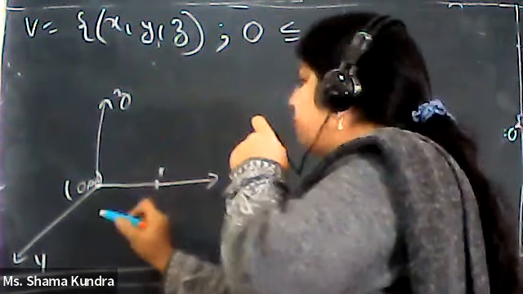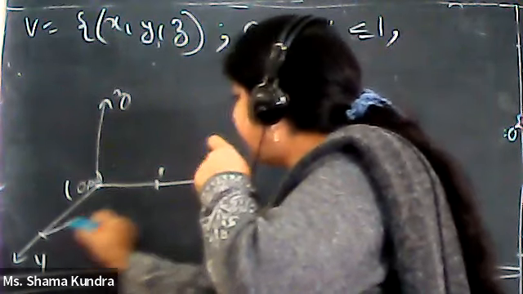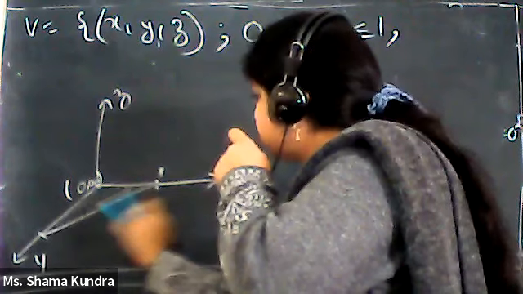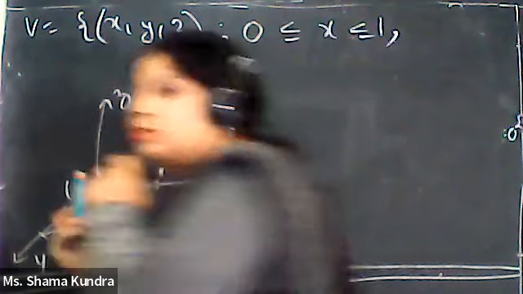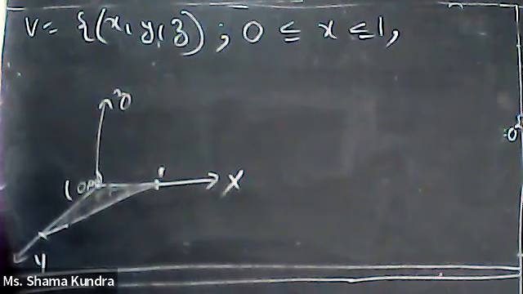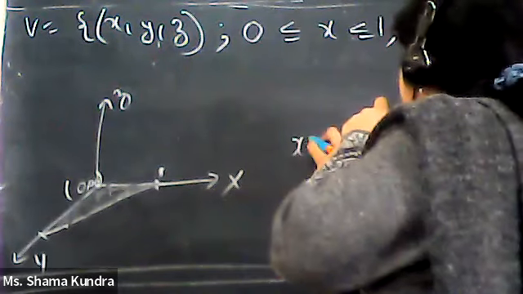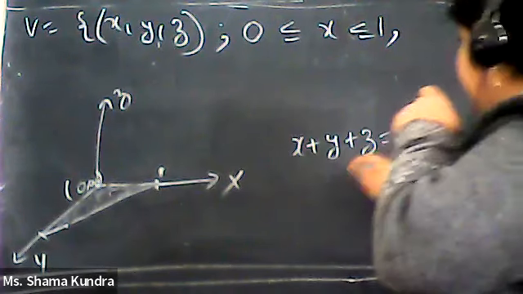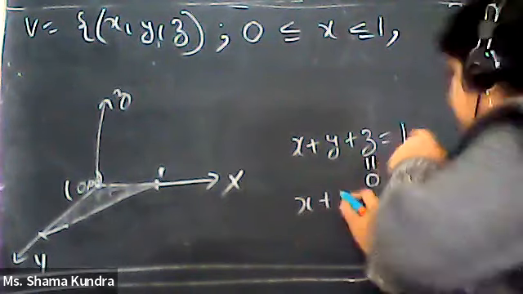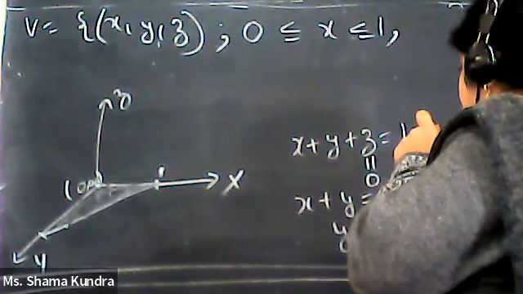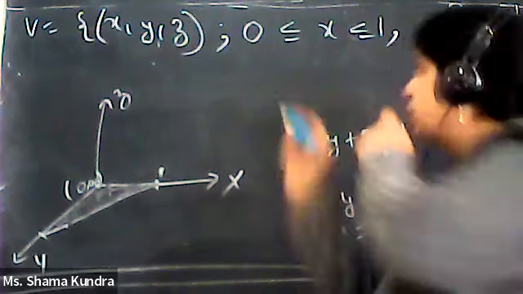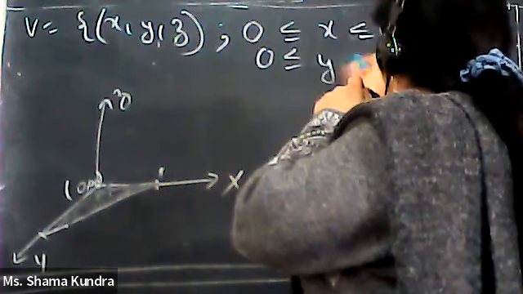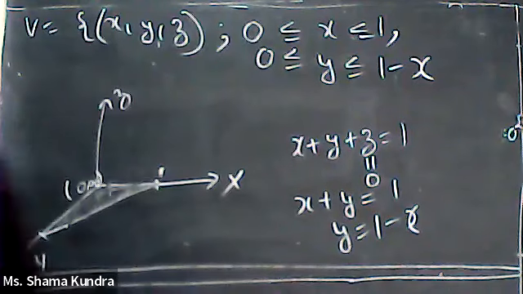Now, if you want to take y in terms of x, put z equals 0 in the equation x plus y plus z equals 1. We get x plus y equals 1, so y equals 1 minus x. And the starting limit of y is 0, so you will get the limit of y from 0 to 1 minus x.